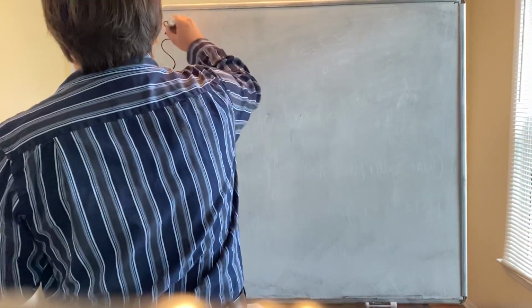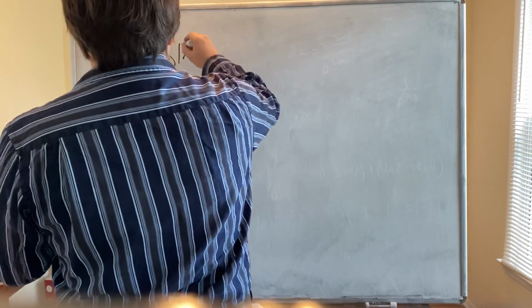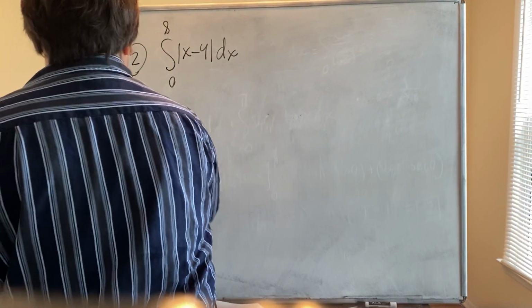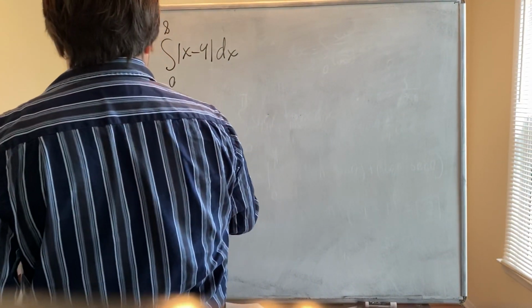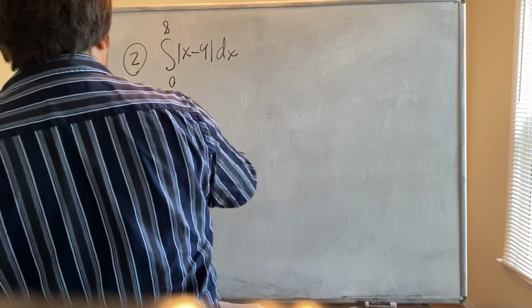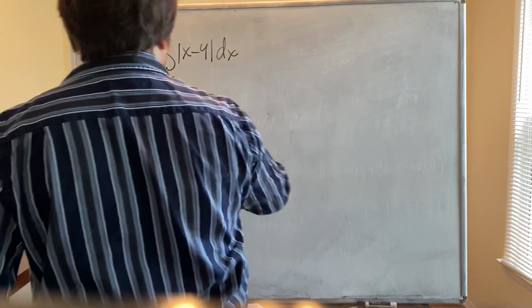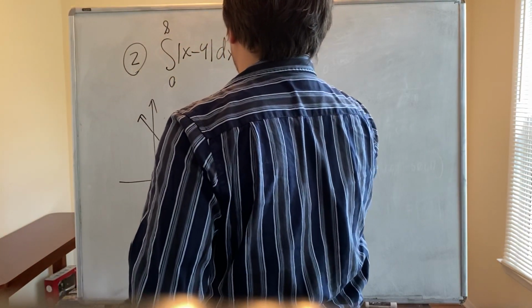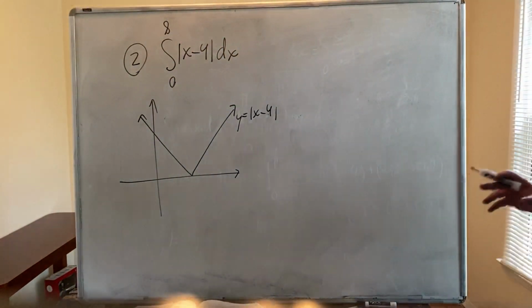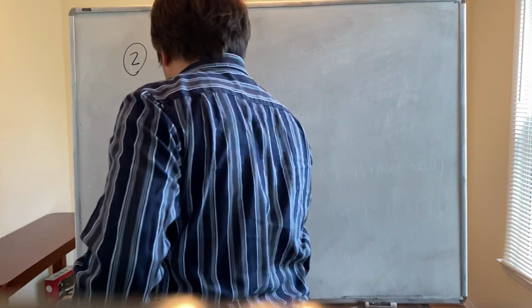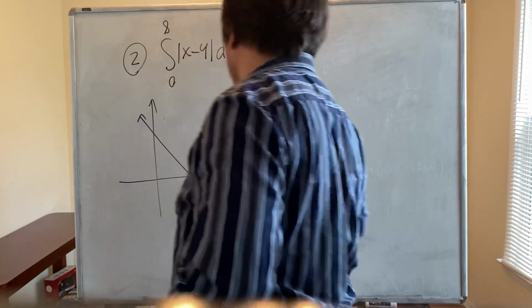So we want to find the value of this definite integral by interpreting it in terms of areas. So let's graph this function. It's y equals the absolute value of x translated to the right by 4. This is y equals the absolute value of x minus 4. And so this point is 4 comma 0.